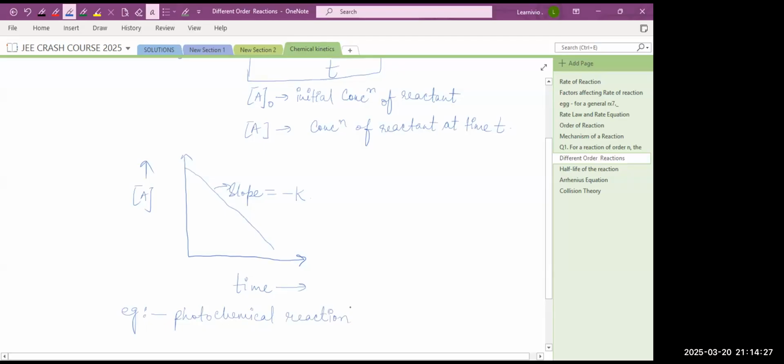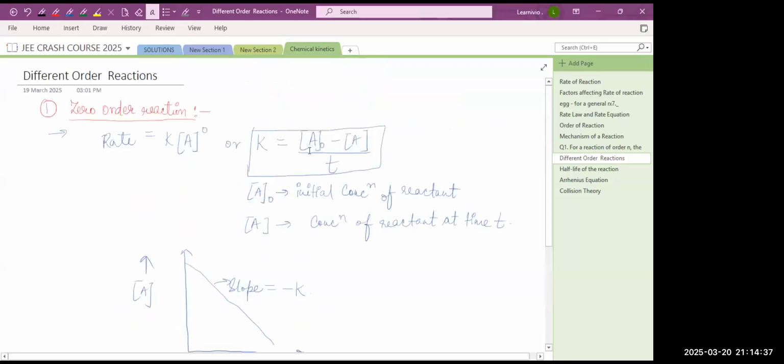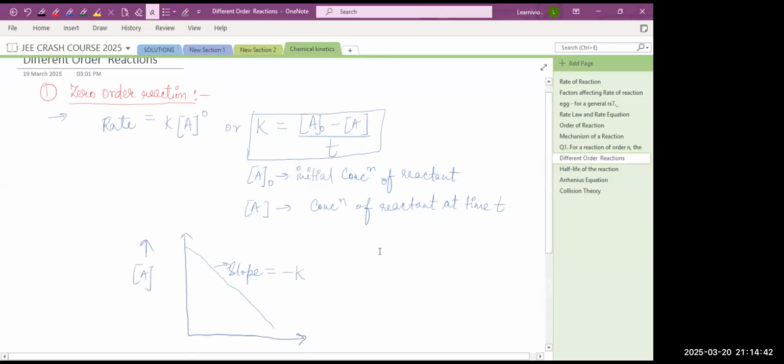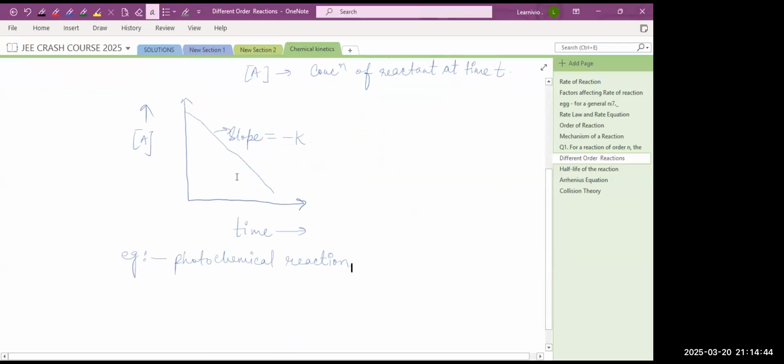Okay, so this was the zero order reaction. What you have to remember in this: the order is zero, and the formula for k is the initial concentration of reactant minus final, upon t, and in the graph you get the slope to be minus k.